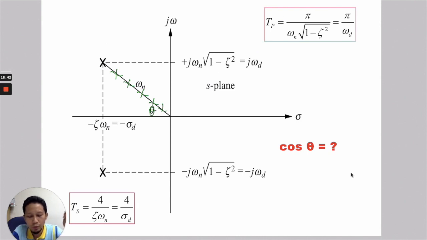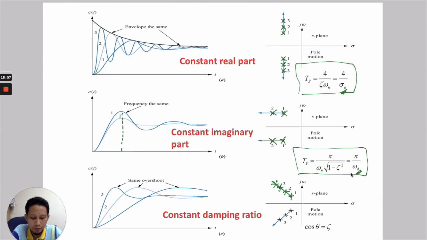So cos theta equals negative zeta omega n over omega n, which equals negative zeta. So we have the same zeta value. Thus, we have the same overshoot. Zeta defines the overshoot. If zeta is 0.5, we have 30% overshoot. Then for different poles on this zeta line here, it will have the same 30% overshoot.